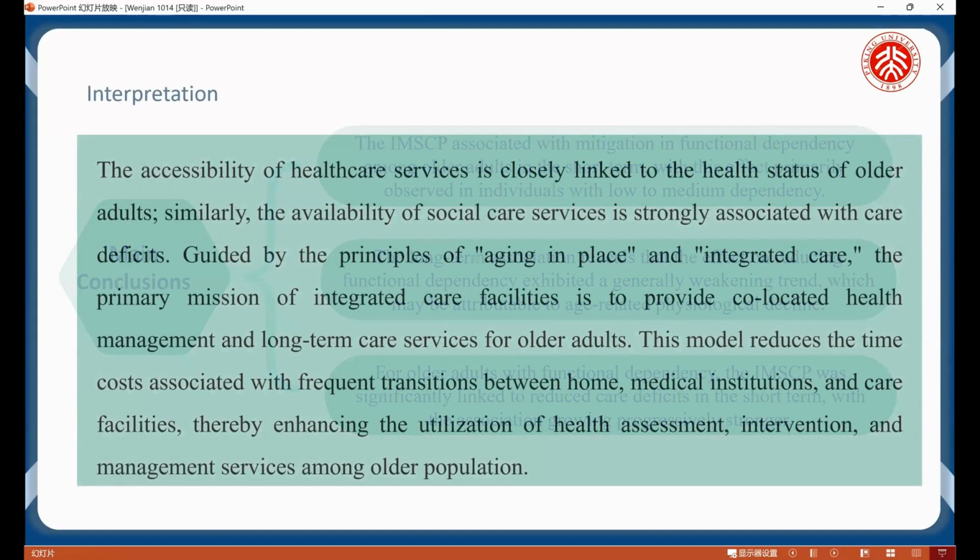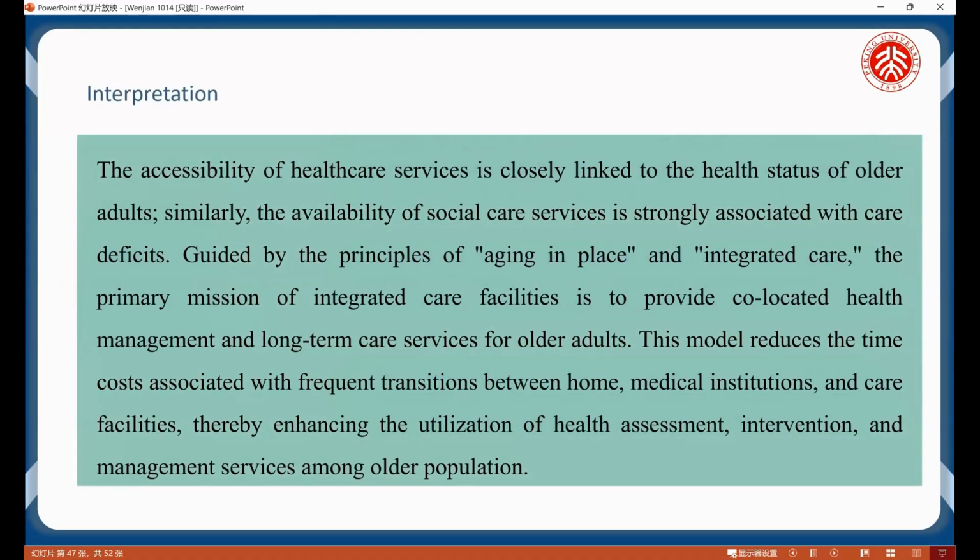Here is a possible interpretation. The accessibility of healthcare services is closely linked to the health status of older adults. Similarly, the availability of social care services is associated with care deficits, guided by the principles of aging in place and integrated care.